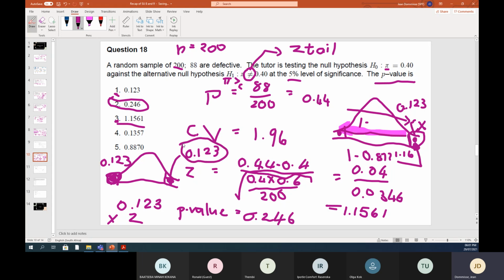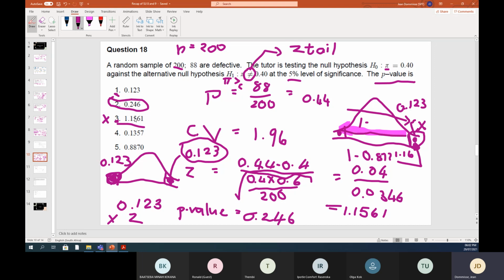Okay, so what we do with this is that here they've given you the Z. So sometimes when you worked out the Z, one just makes an easy mistake to say, well, oh, I've worked it out, 1.1. Oh, there it is. But then we need to work out the p-value.